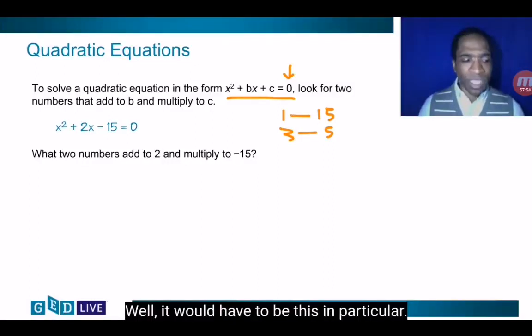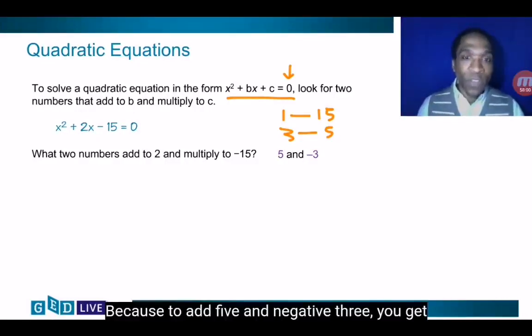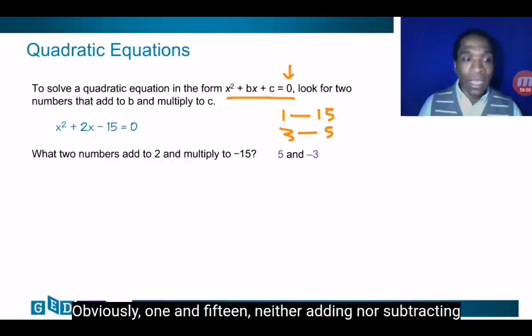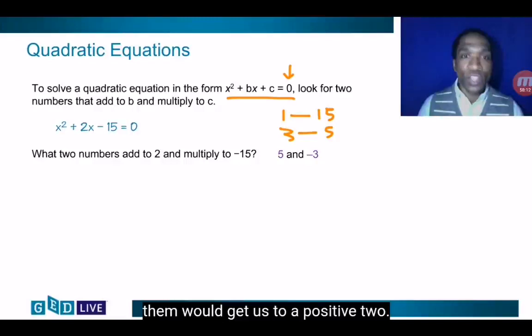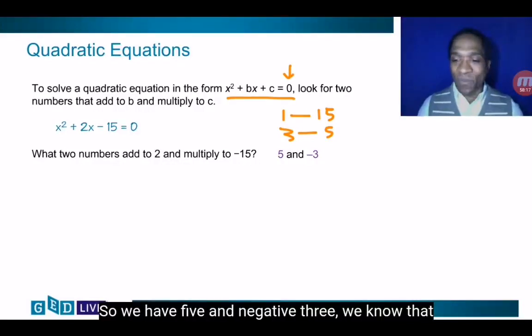Well, it would have to be this in particular, positive 5 and negative 3. Because if you add 5 and negative 3, you get positive 2. You get that b again. That's the key. Obviously, 1 and 15, neither adding nor subtracting them would get us to a positive 2. So we have 5 and negative 3.